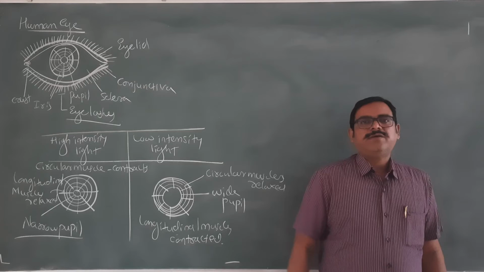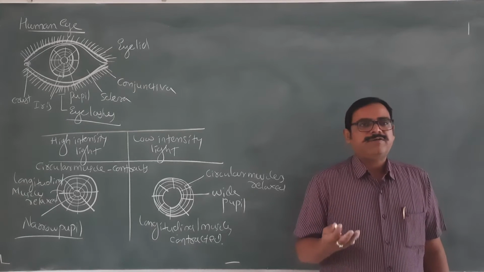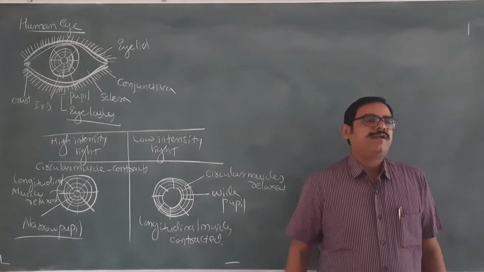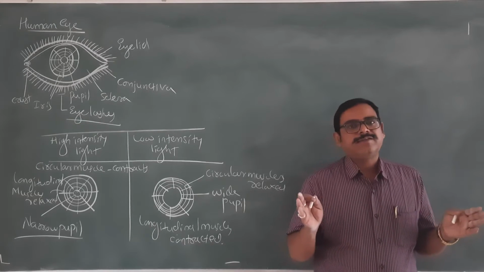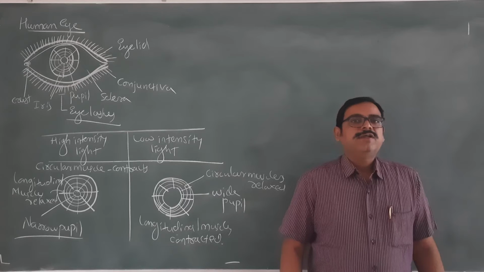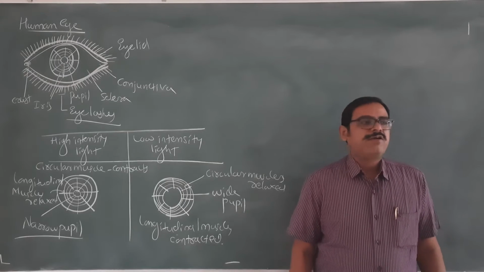Now, how is this color discrimination done by our eyes? Because our eye has a most important photosensitive layer called the retina. So in the retina, what do we find? Rods and cones.